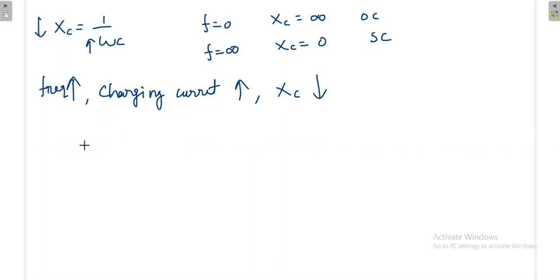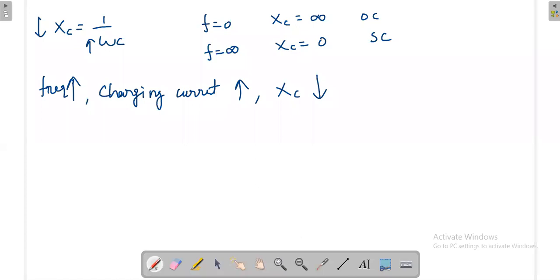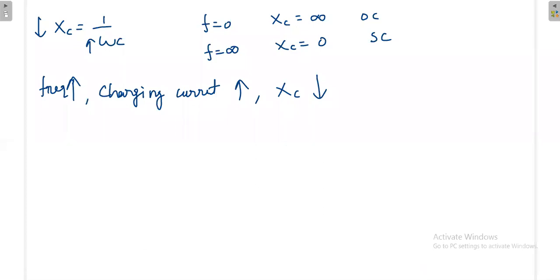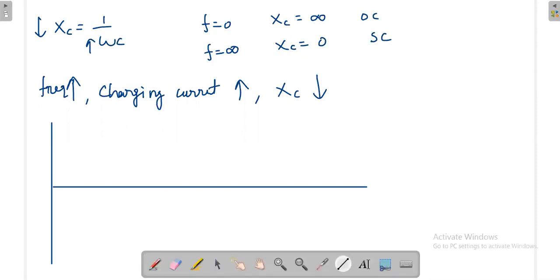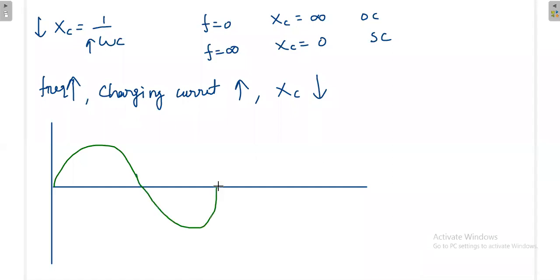Then we'll take the waveform. We'll draw the waveform nature. I take a sine wave.